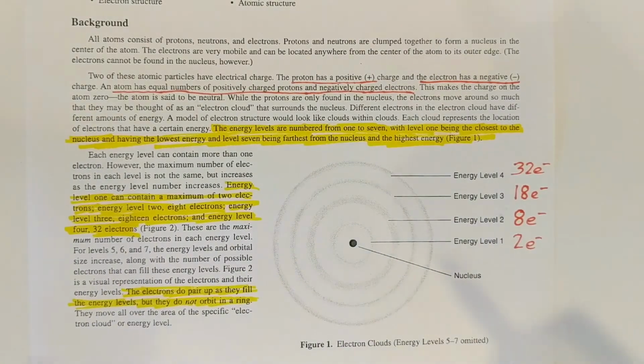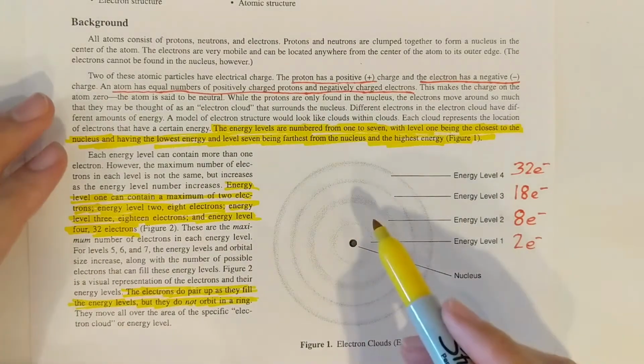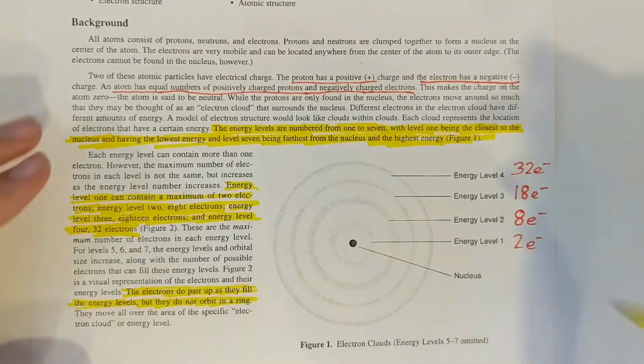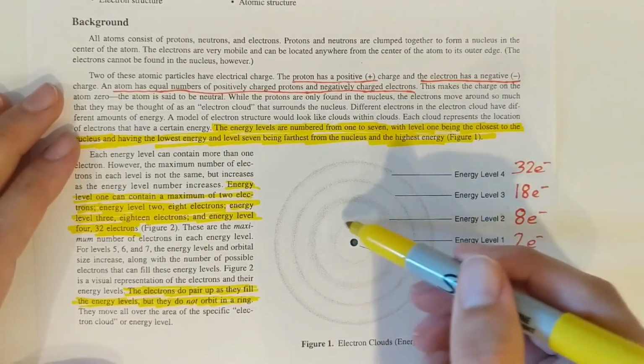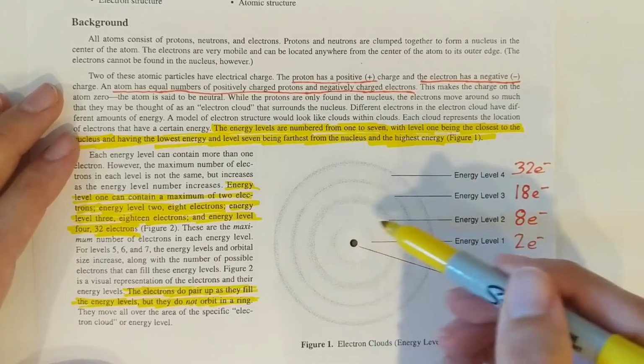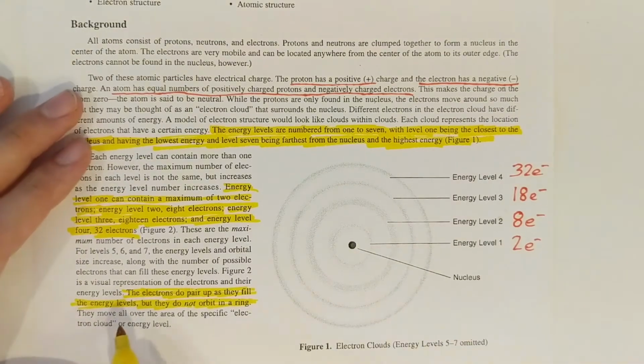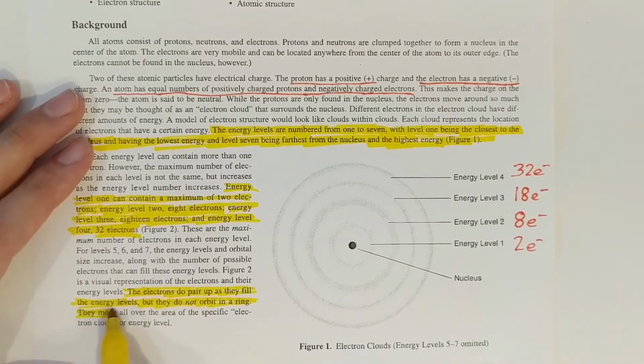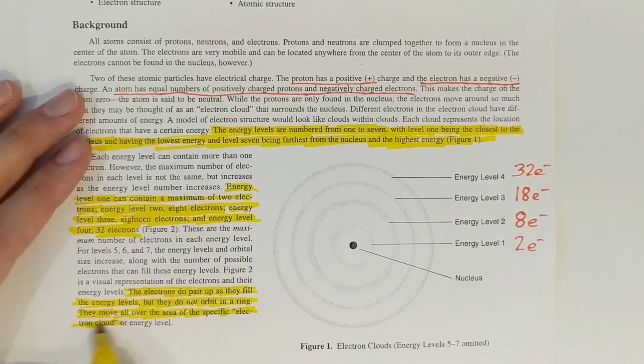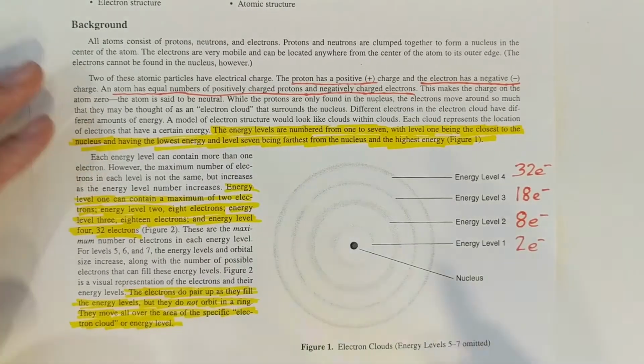They are moving around kind of wildly and randomly, and they just happen to be largely found in that ring. So they're not rotating, they're not doing that. They're kind of moving all around, but just staying in that general area. So they move, and I guess that says it right here, they move all over the area of the specific electron cloud or energy level. So you can just highlight that.